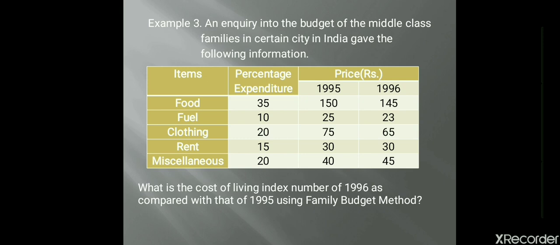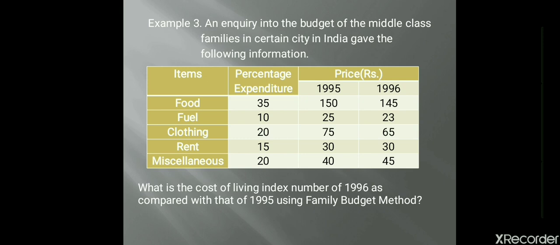The next column heading is price given in rupees and got two columns under it with 1995 as first year and 1996 as another year. For 1995, prices are 150, 25, 75, 30 and 40.